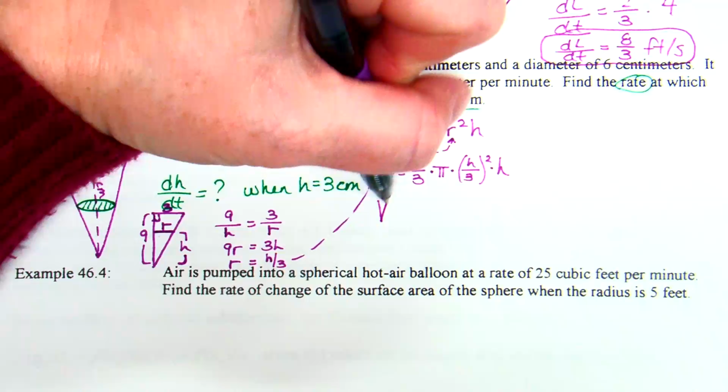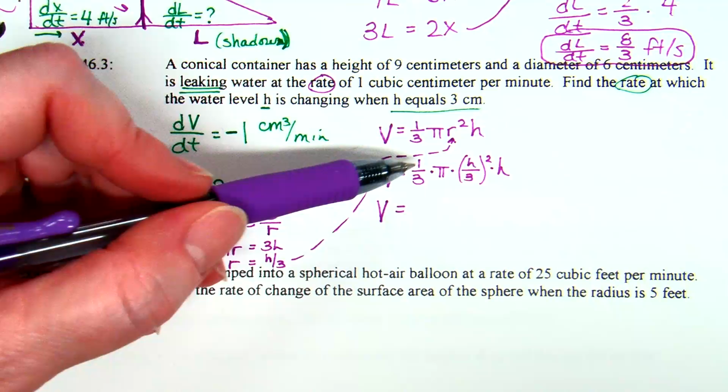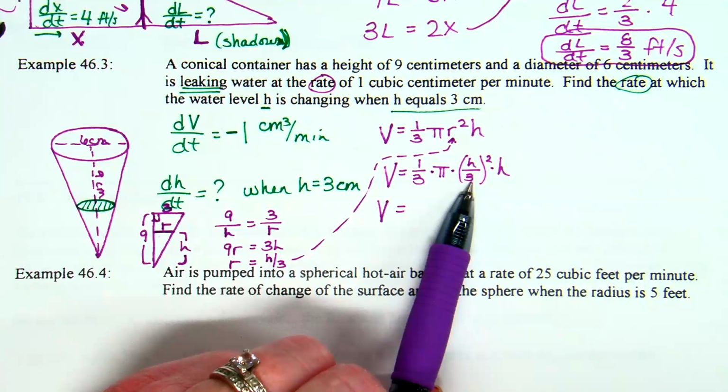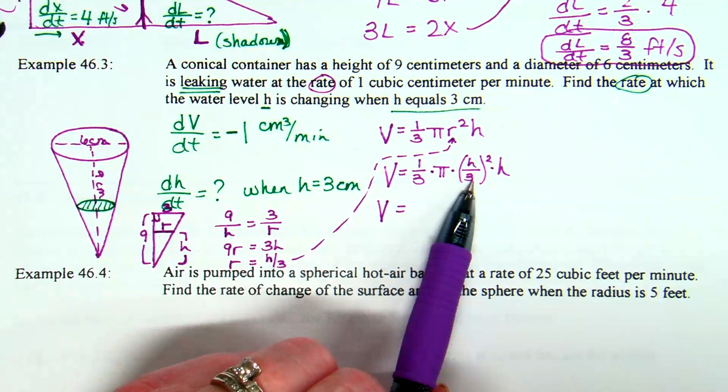Again, cleaning it up. If we talk numbers, there's a 1/3 and there's a pi. We also have right here in the denominator 3 squared, 3 times 3 is 9 in this denominator. This denominator here has a 3. 9 over here times 3 here gives me a denominator of 27.